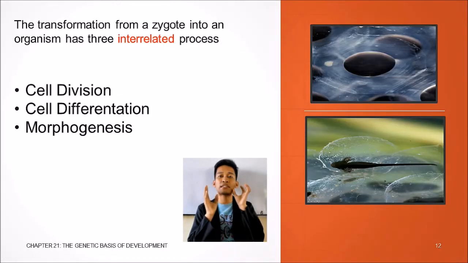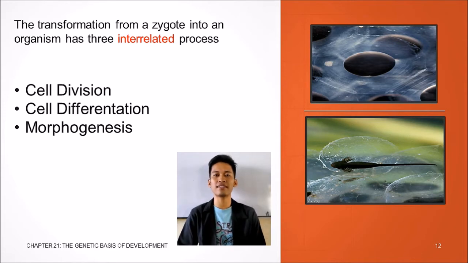This development from cell to organism is done by 3 interrelated processes, which are cell division, cell differentiation, and morphogenesis. The first process is cell division. In cell division, the zygote gives rise to a large number of cells, in which the parent cell gives rise to daughter cells, depending on what type of cell division it may be.